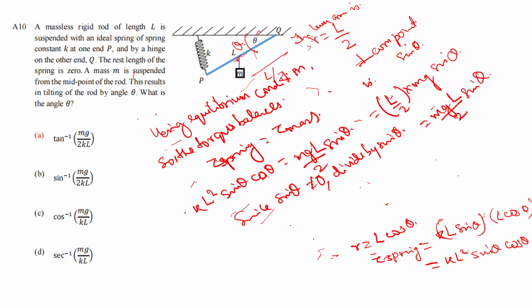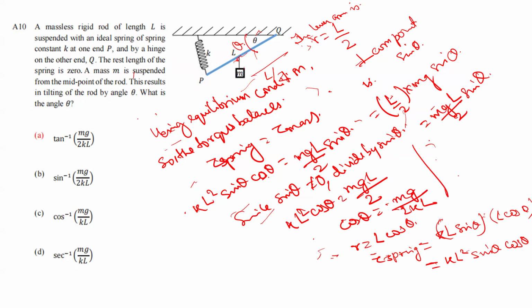So we have K L squared cos theta equal to m g L by 2, or cos theta equals m g by 2 K L, or theta we can write equal to cos inverse of m g by 2 K L, right?